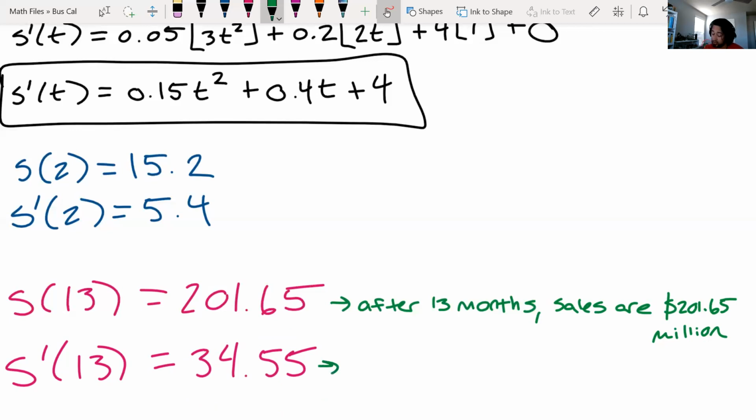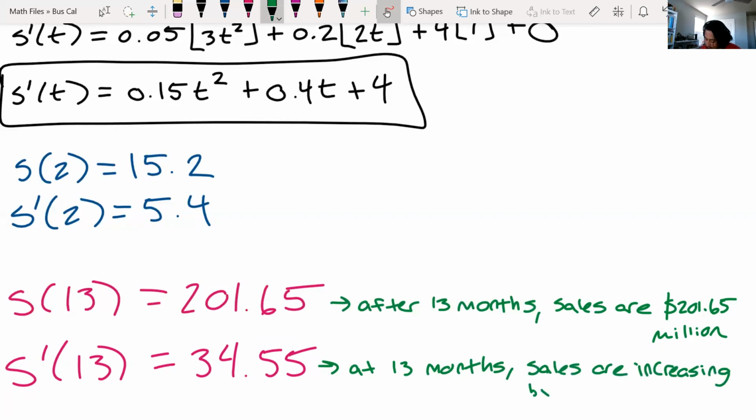So in terms of the derivative, we must say that at 13 months, since that's a positive number, sales are what? Increasing. Sales are increasing by how many millions of dollars? 34.55. There you go.